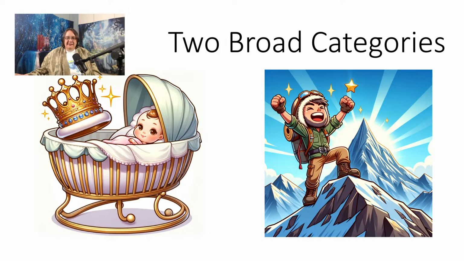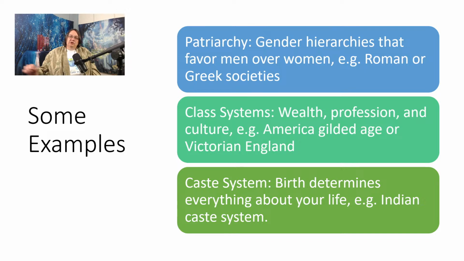Okay, so that is your ascribed versus your achievement. Now, examples of these kinds of social hierarchy. I've got the patriarchy up here. Obviously, this is like the Roman or Greek society style of patriarchy, where you've got a very strict gender definition and very strict gender roles.